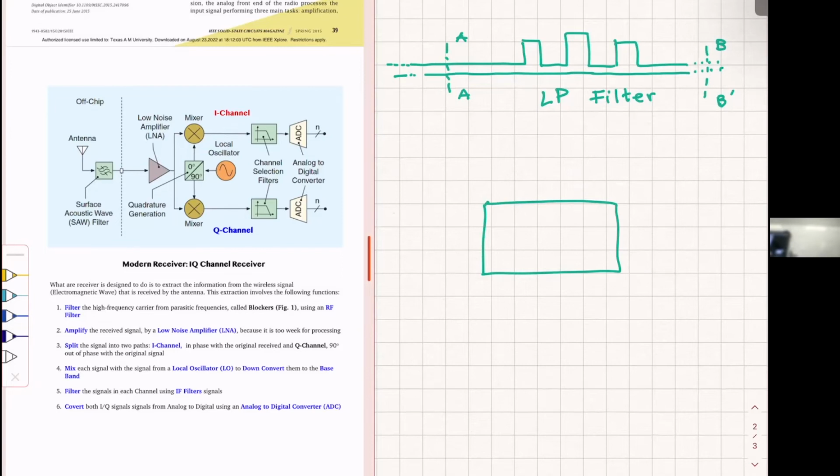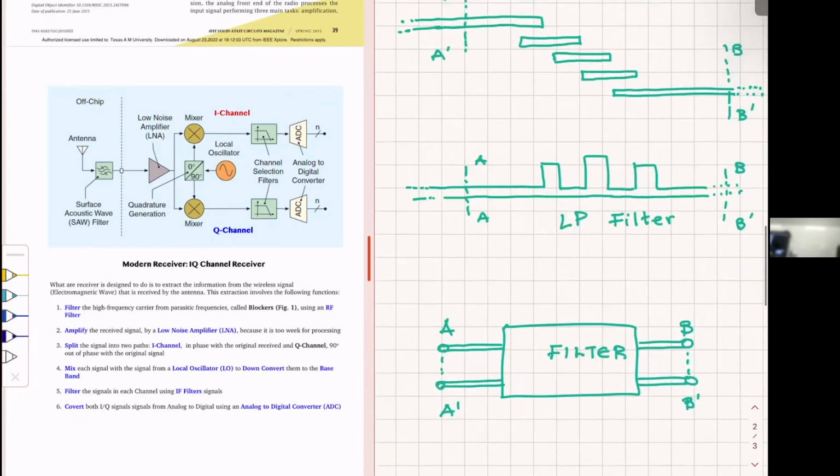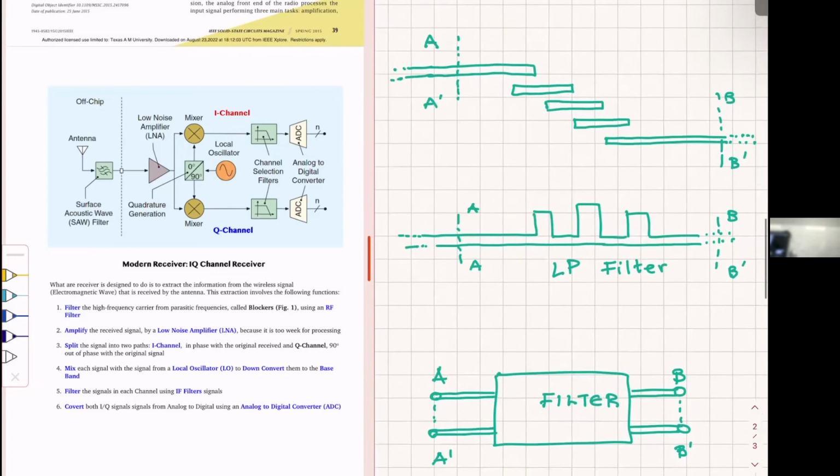And then this is your filter, whatever design it has. Then you're going to have an input transmission line, which we are going to show like this, and an output transmission line, which we are going to show like that. So that's input, output, A prime, B prime. What happens when a wave comes here?